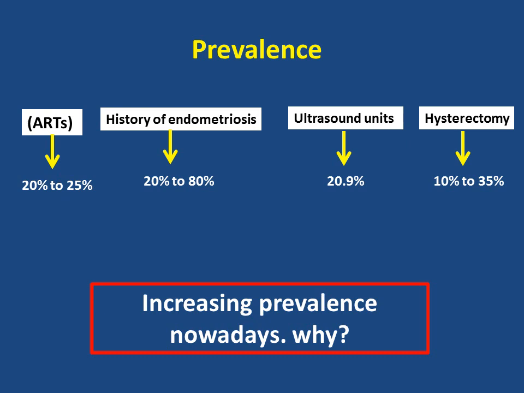This is number one. Number two, if you do ultrasonography, you can see it in around 20% of cases. If you are dealing with an infertile patient and preparing her for assisted reproductive technique, you may find a prevalence of up to 25% of cases. Patients with endometriosis, up to 80% of cases, you may see adenomyosis in those cases.